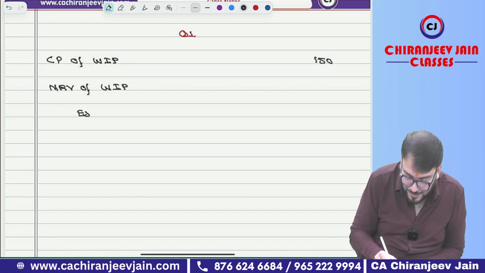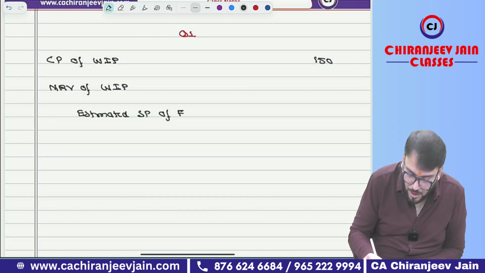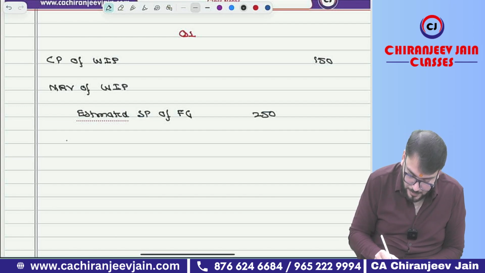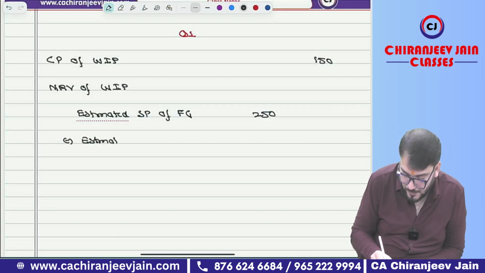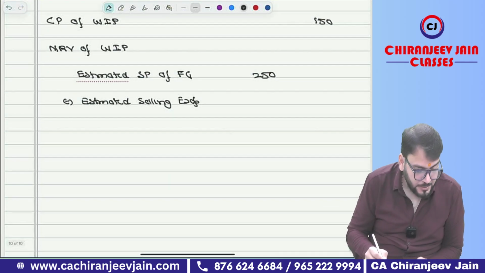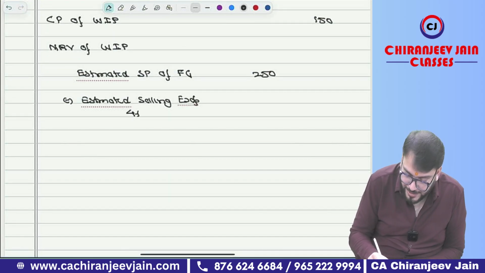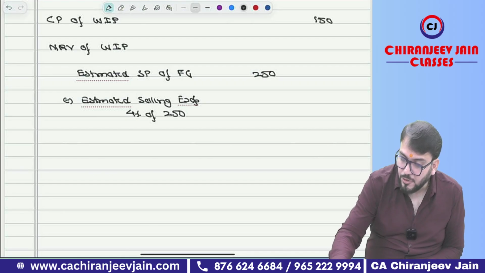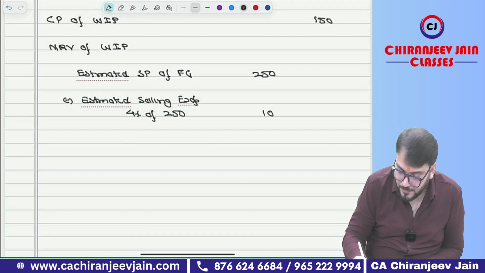What is the estimated selling price of finished goods? That is 250. From this, minus estimated selling expense, that is 4% of 250. So 250 into 4% is equal to 10.